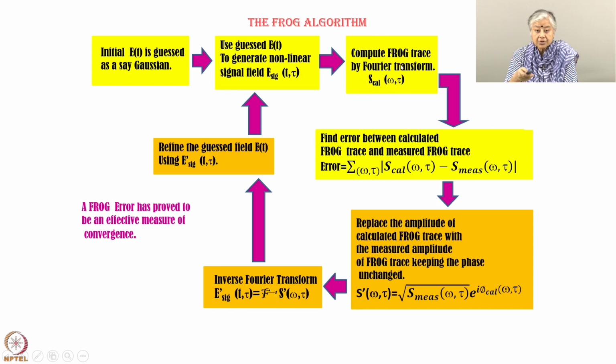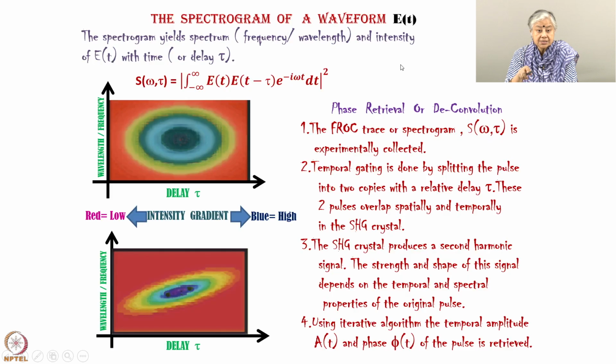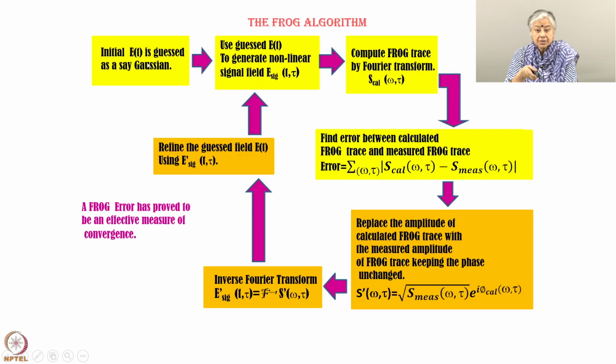But what I have measured is S(omega, tau), which is the experimentally measured spectrogram. Here I use the symbol S_calculated. So, I have the E signal. If I take the Fourier transform of this, I am going to get S(omega, tau), that means the calculated spectrogram.